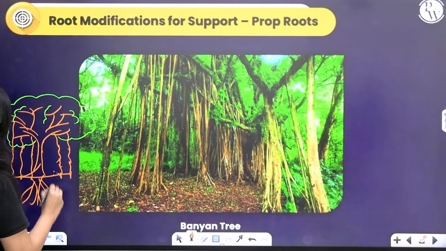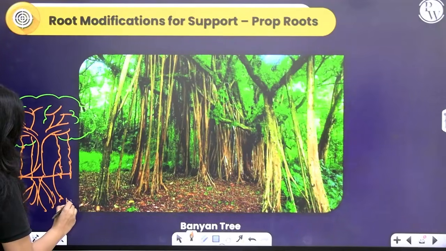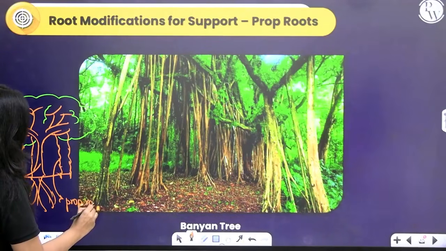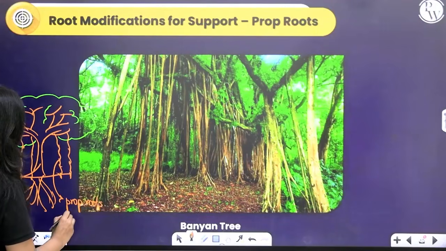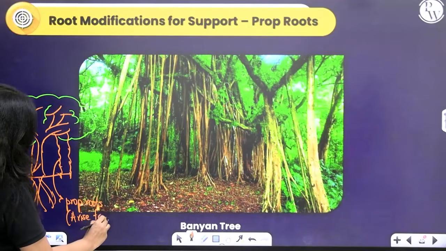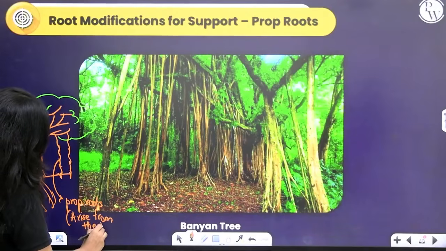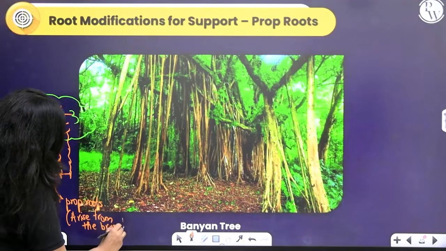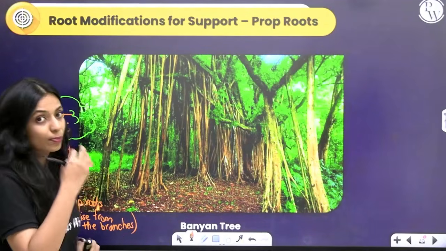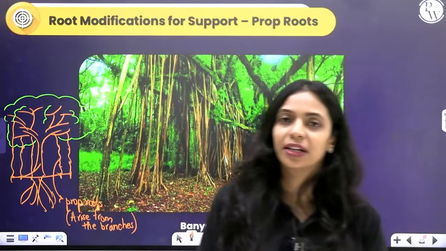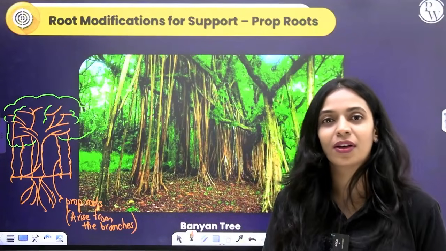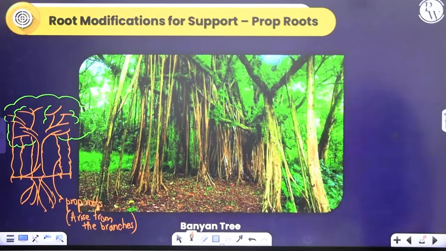Such roots are called prop roots. So prop roots are adventitious roots that arise from the branches of the stem. What is it doing? It is providing mechanical support to the tree and making sure that the tree doesn't fall and topple off because of its own weight, right?